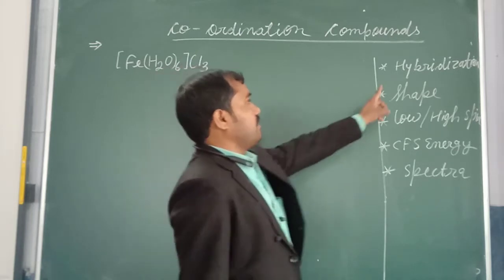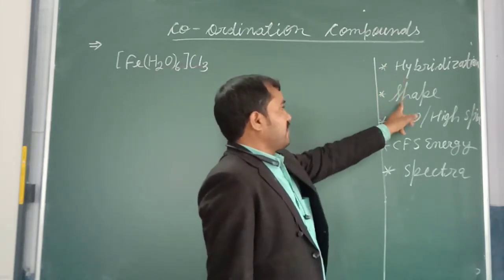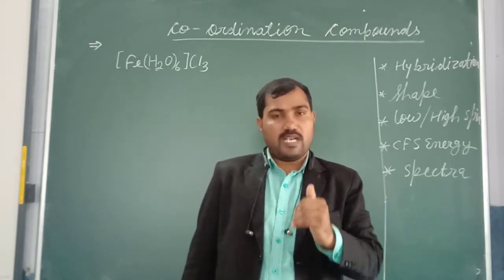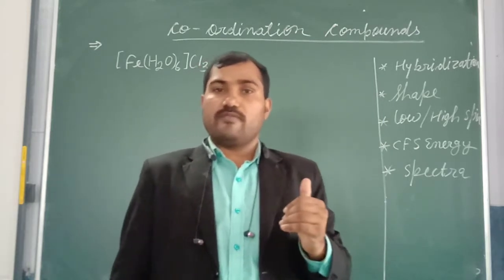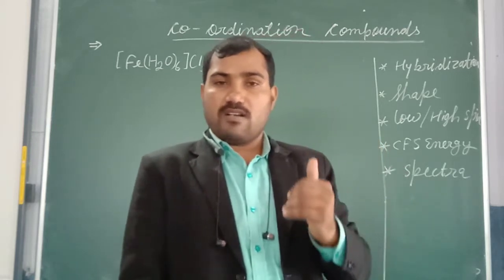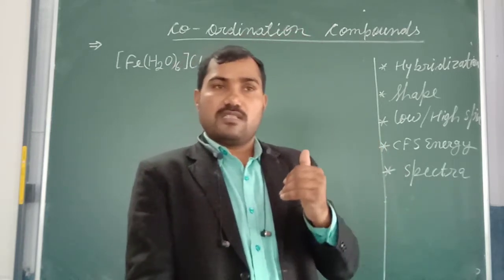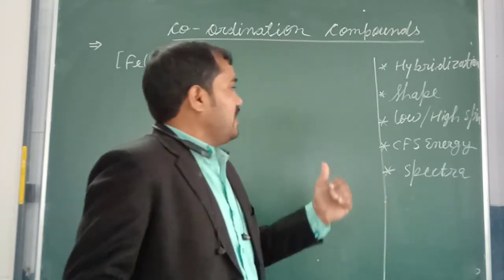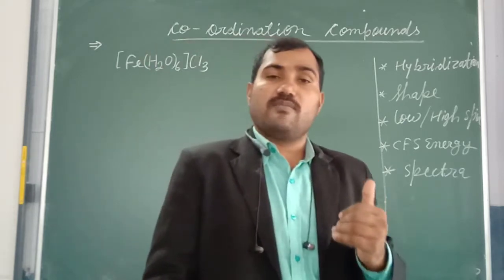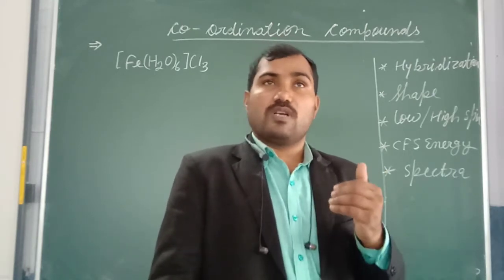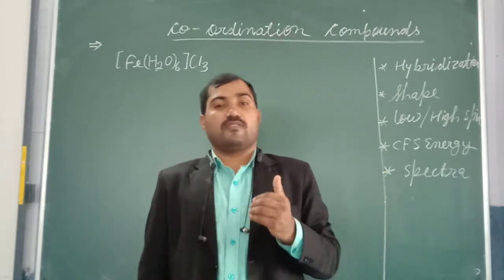Here we will discuss the hybridization, shape, and whether the complex is low spin or high spin, and how you will get the information about whether a given complex is a low spin or high spin complex. We will see crystal field stabilization energy, and we will write the electronic configuration of the coordination complex with the help of crystal field theory.